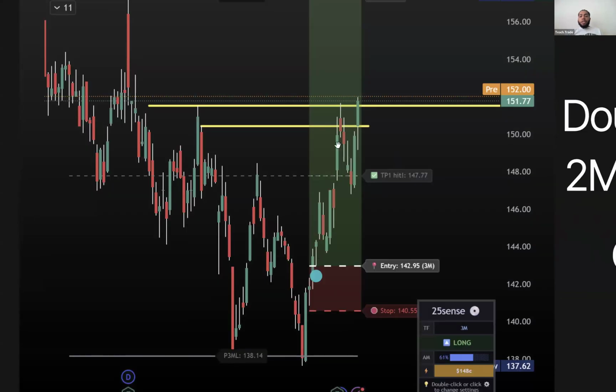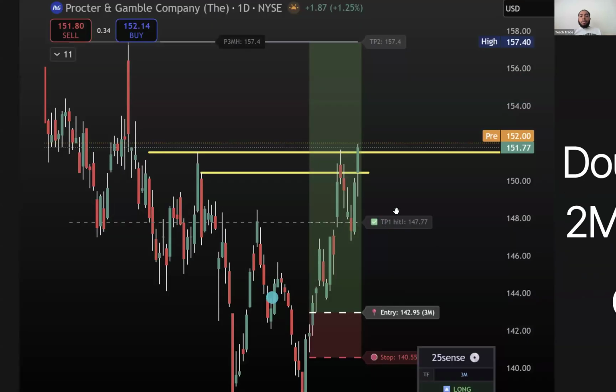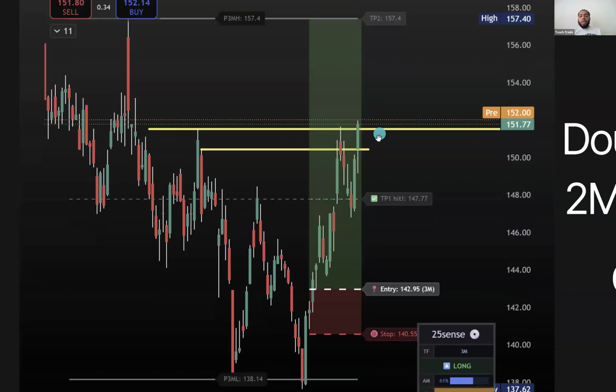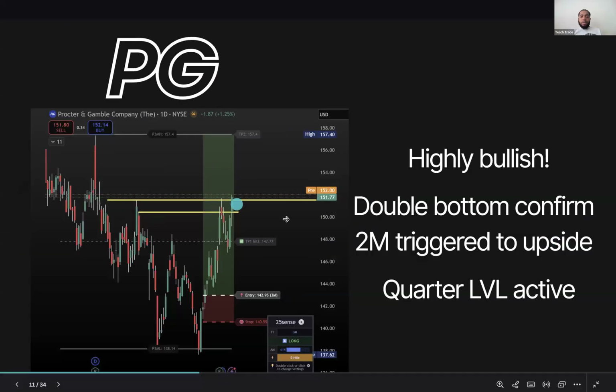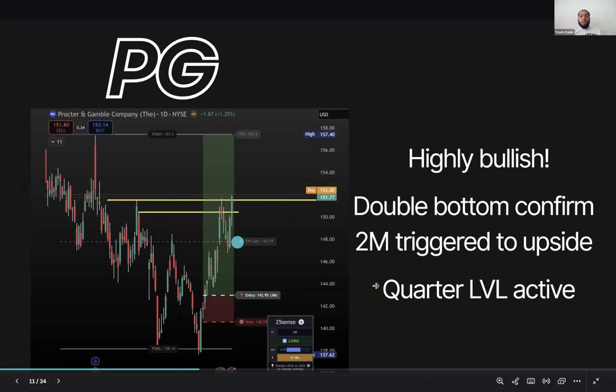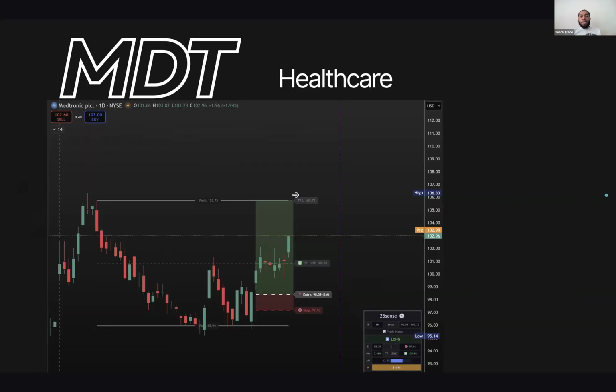It already covered quite a bit of it in January, but there's still a job to be finished. If we break the high of January, that's going to continue more momentum. A giant double bottom breaking above there, confirming above these levels. It just looks highly bullish. So if you don't want to trade puts, PG is probably one of your top picks.